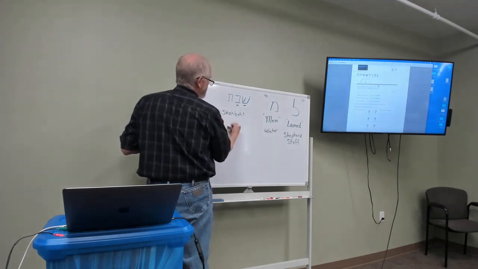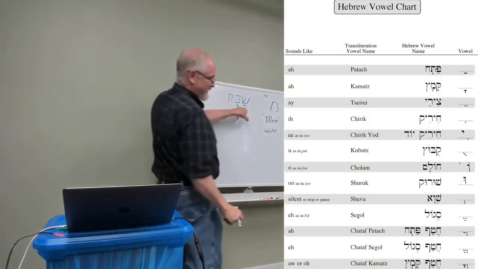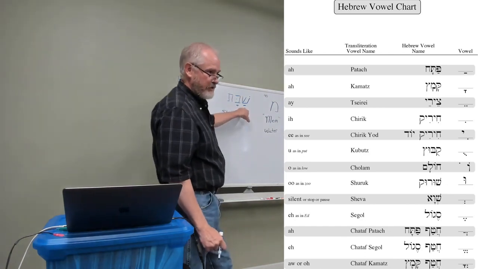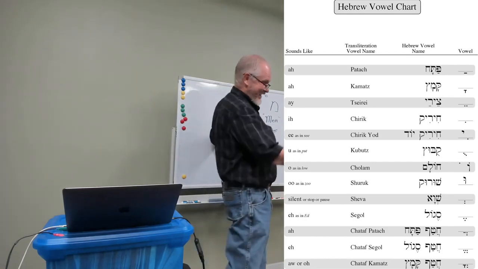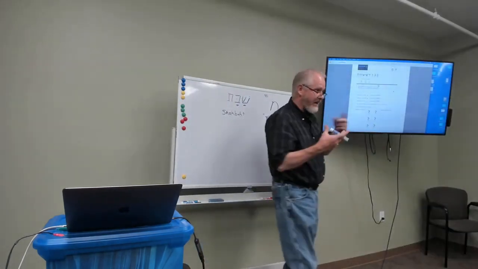What do you call those vowels? This is the patak. You should have a vowel chart that I gave you at the beginning of all this. It'll really come in handy because it shows you how to pronounce the name of the vowel.